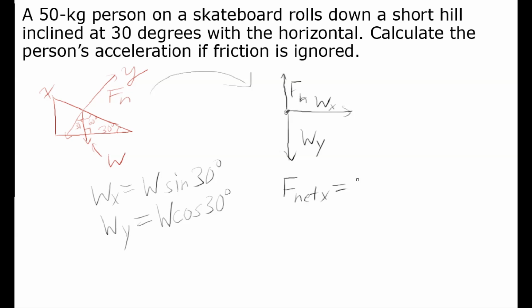So F net x equals ma, that is the second law of motion. Now the summation of forces at the x-axis will be what? Wx equals ma.